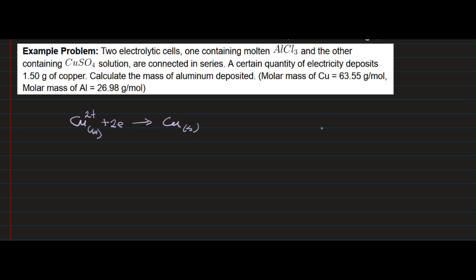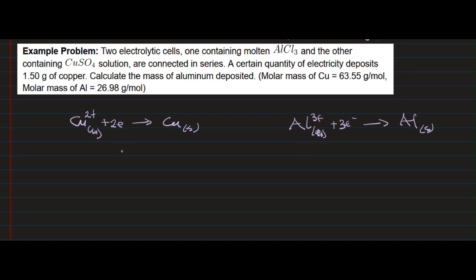For the aluminum side, same thing. Aluminum ion, Al3+, will gain 3 electrons to become aluminum solid. So these are the half equations for each reaction.